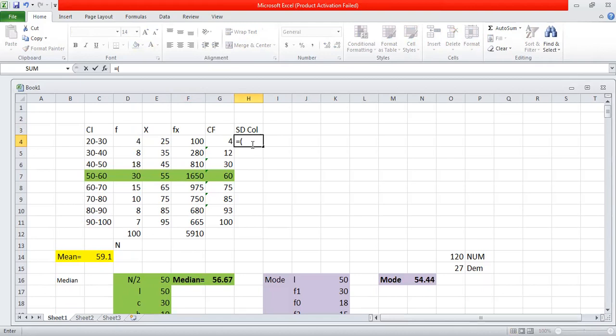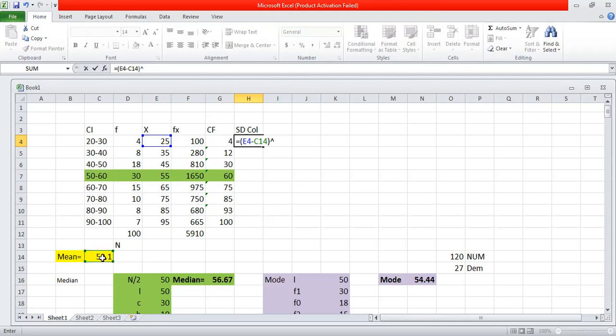So open the bracket, xi minus x bar. What is the mean here? We got the mean as 59.1. So xi minus mean whole square.